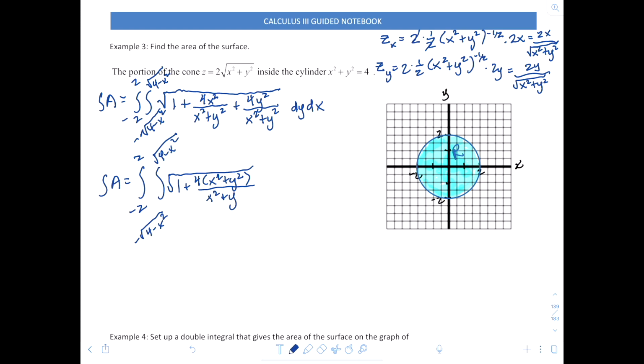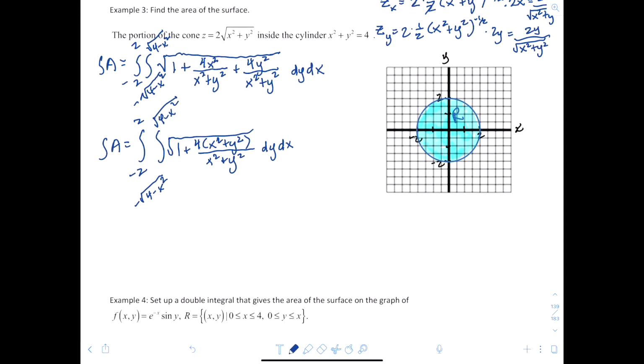I factored out a 4, and then that's dy dx. And those are going to divide out to be 1. So after all that, we're just going to have root 5. So the surface area will be the integral from -2 to 2, negative root 4 minus x squared to positive root 4 minus x squared of root 5 dy dx.